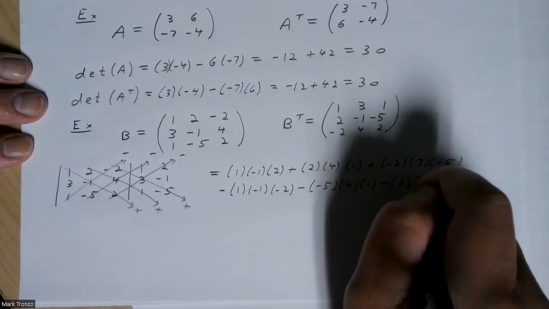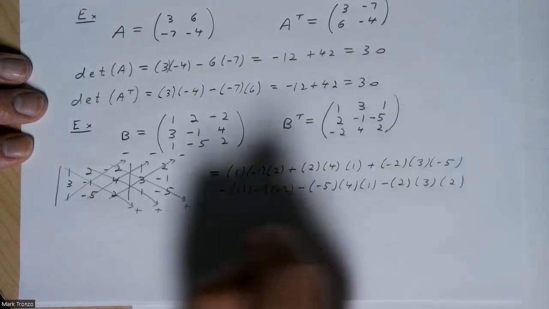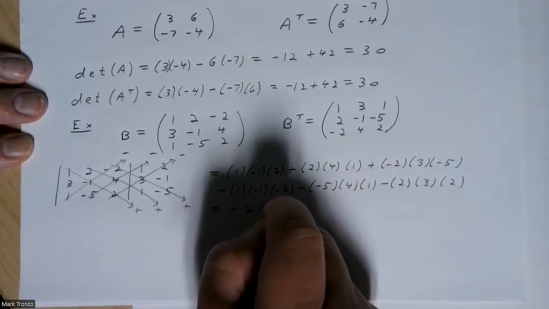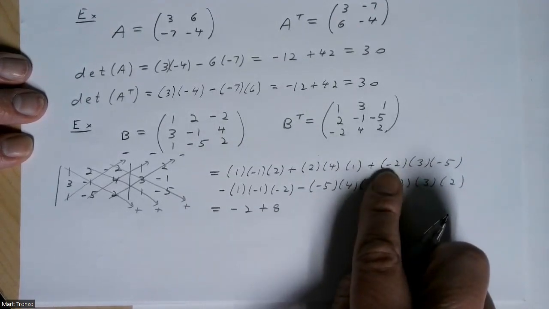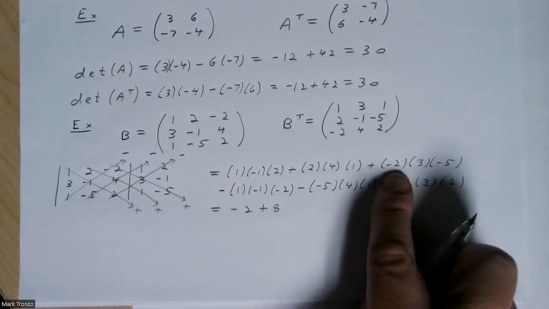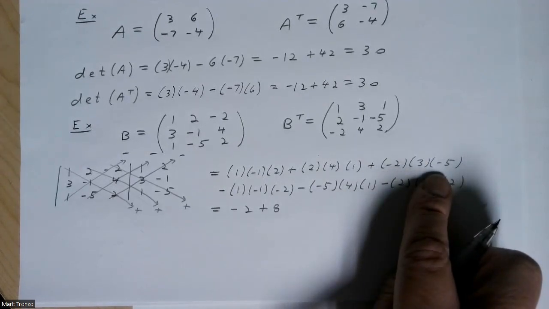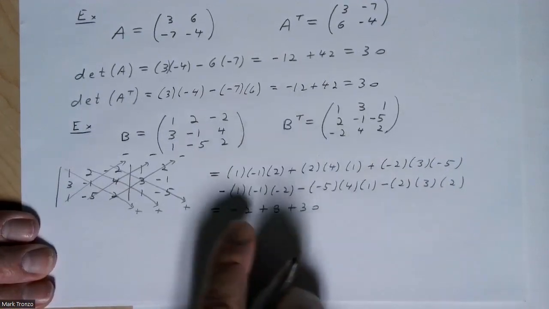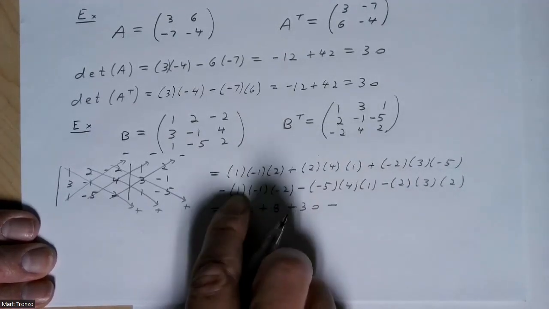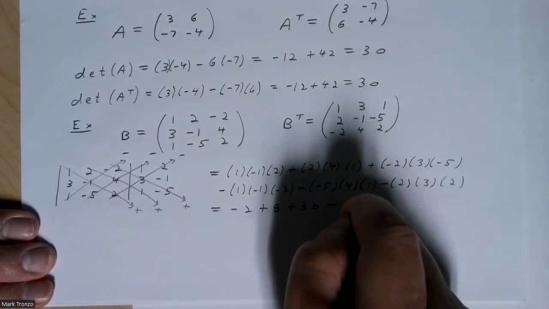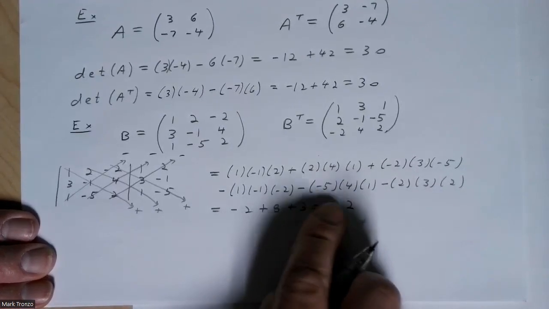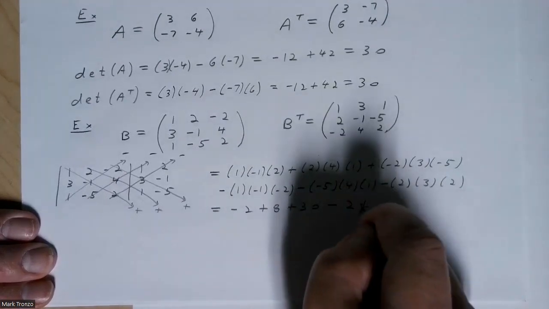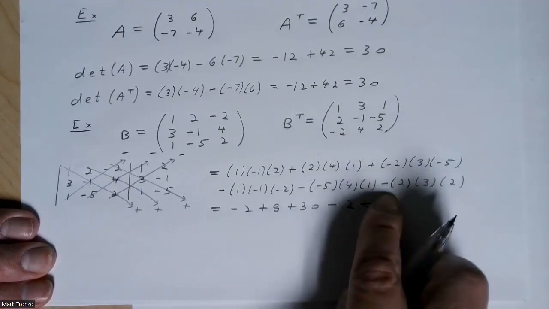minus 2, 3, 2. And this is minus 2 plus 8. And this is 10. Those are going to be positive. That's 30. And then down here we have minus. That's going to end up being positive 2. And this will be negative of a negative 20, so it'll give us a positive 20.